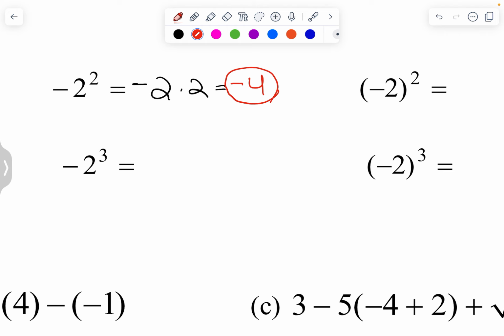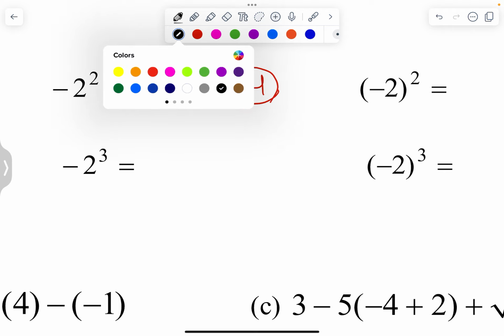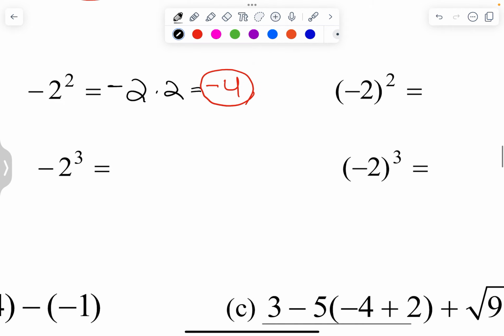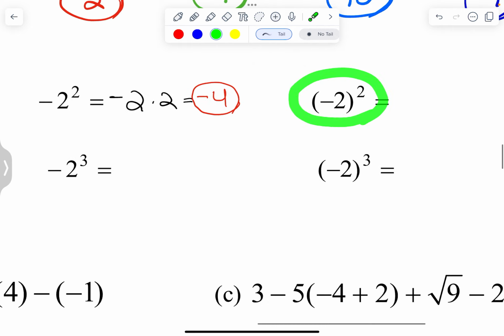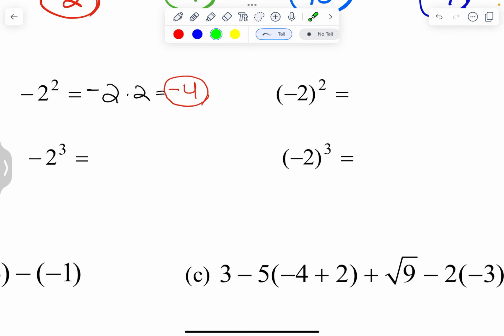Okay. So again, no parentheses. The exponent here only applies to the base number, not the sign in front. Now, if I look at the next situation right here where there are parentheses, so what happens if there are parentheses? Well, that means that this exponent applies to the whole parentheses set.